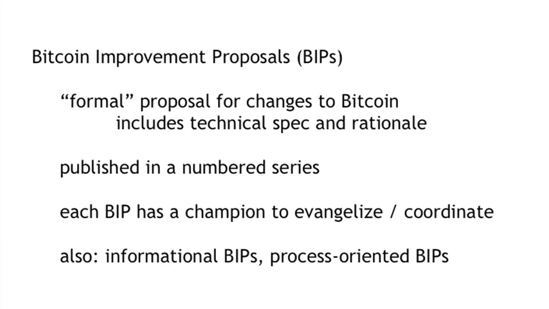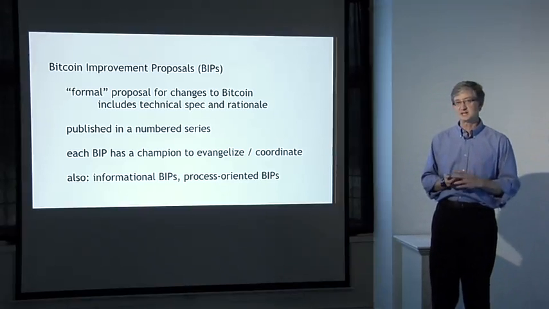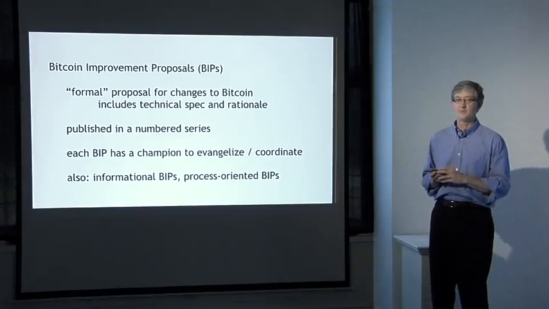Another related piece of machinery is Bitcoin Improvement Protocols, or BIPs. These are formal proposals for a change to Bitcoin. And typically, an improvement proposal will include a technical specification for a proposed change as well as a rationale for it. So if you have an idea about how to improve Bitcoin by making some technical change, you're encouraged to write up one of these documents.